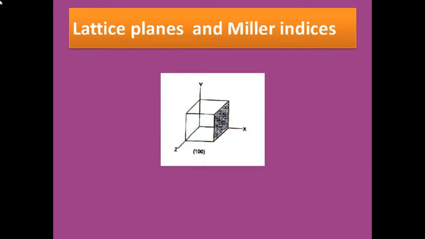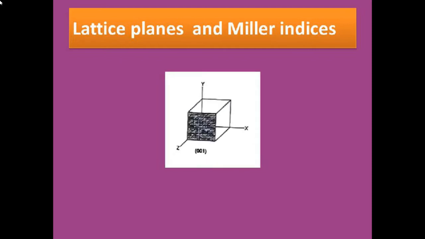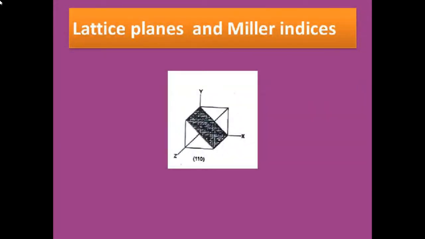Lattice plane figures, these diagrams you should learn, because 1 0 0, here you can see, 1 means it is touching the x-axis. Remember this diagram, 1 0 0. Now the Miller indices for 0 1 0, this diagram you should remember. Here for 0 0 1, how the diagram looks. This slide indicates 1 1 0.